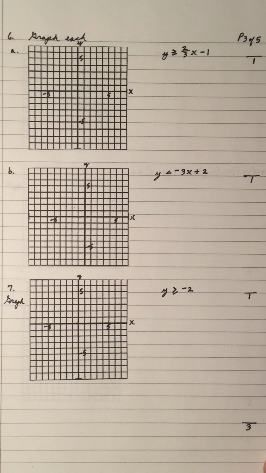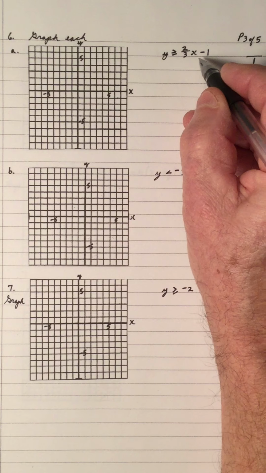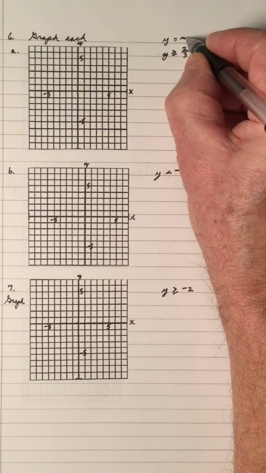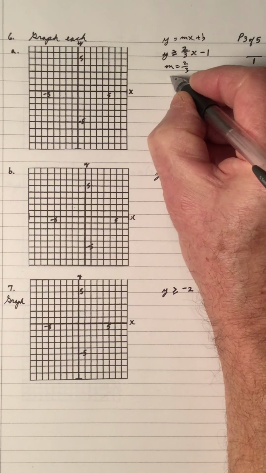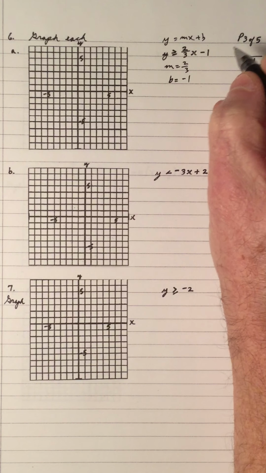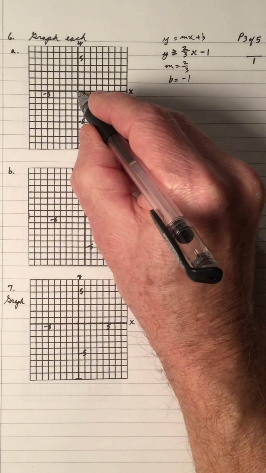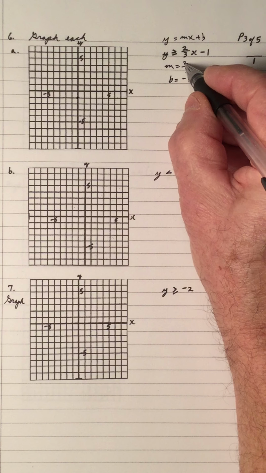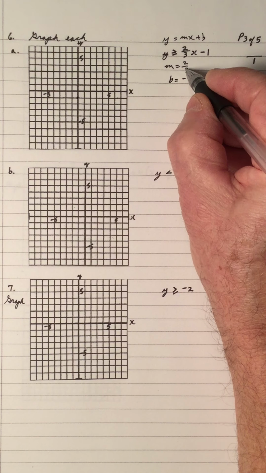Number 6, let's graph this inequality. y is greater than or equal to 2/3 x minus 1. So again, y equals mx plus b. So the slope is 2/3. b is the y-intercept of negative 1. So we plot the y-intercept of negative 1 first. 0 here, there's the y-intercept of negative 1. And the slope is 2/3, so we rise, we go up 2, right 3.